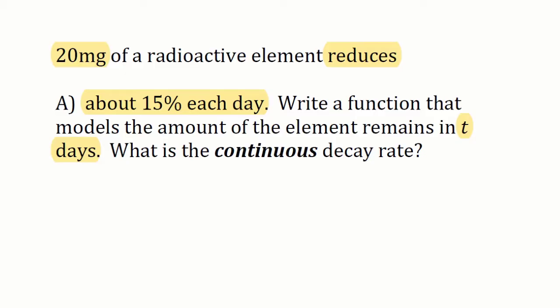But now before we move on to part B, what caught my attention is that in the same part A, there's another question: what is the continuous decay rate? This part A is not asking for the function in a continuous model, but it's still asking for the continuous decay rate.